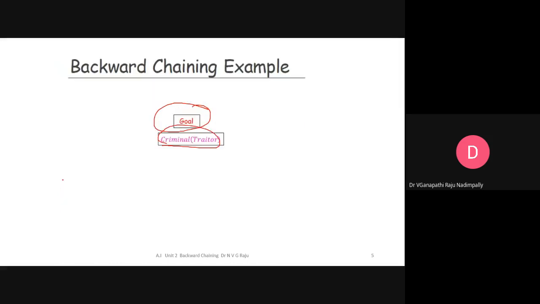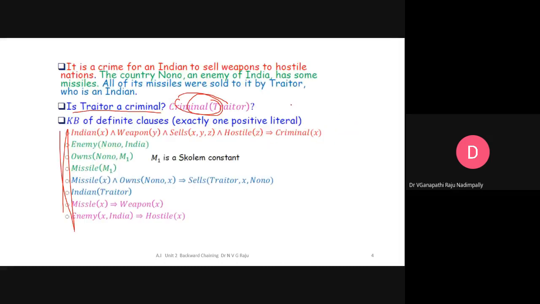Now, I don't know the values of X, Y, and Z. By using a unification process, I will try to find out who is X, who is Y, and who is Z. That is my job. For that, look at this statement carefully for 2 minutes.